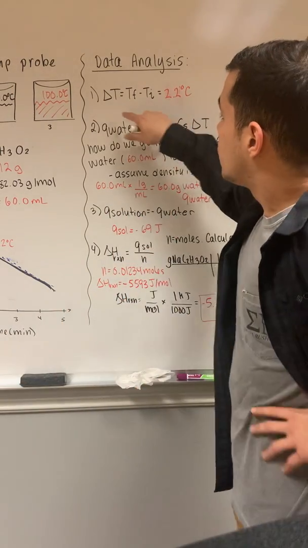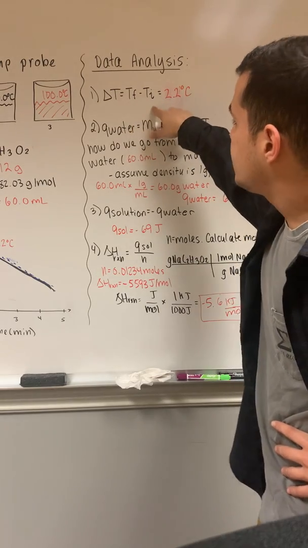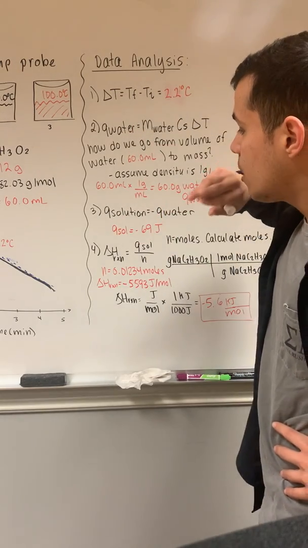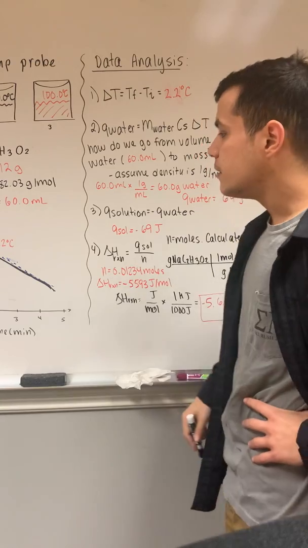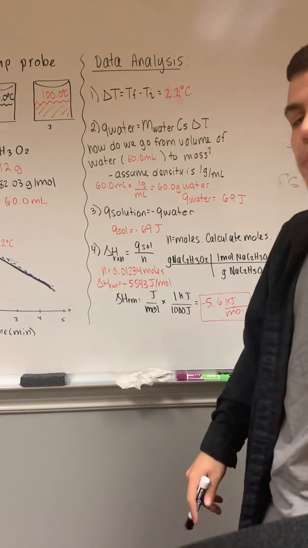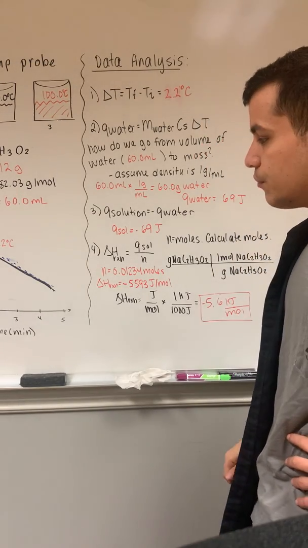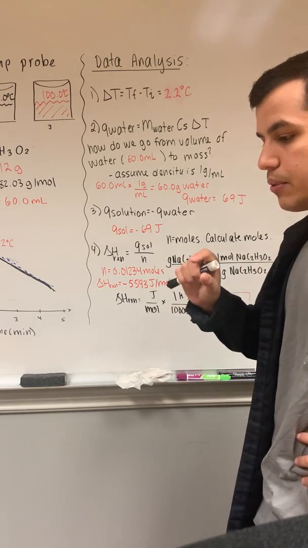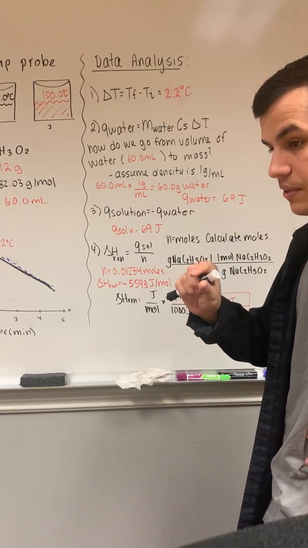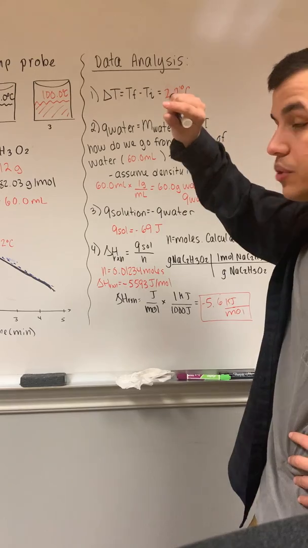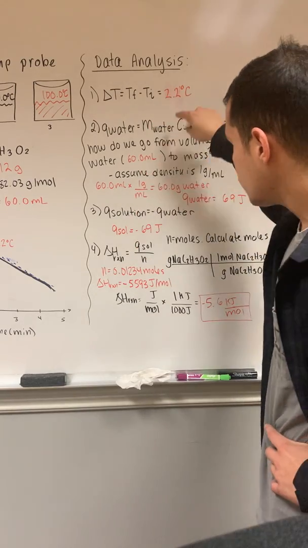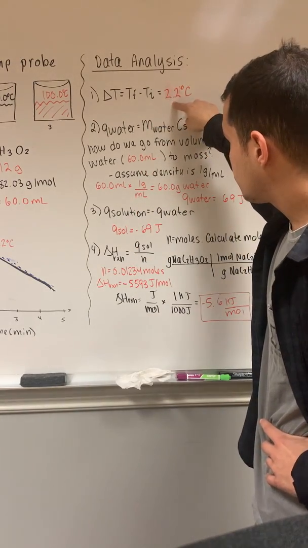So delta T is T final minus T initial, and I got that from my graph. My T final was 26.2, my T initial was 24.0, meaning that it went from room temperature, 24.0 degrees Celsius, and warmed up to 26.2 degrees Celsius. So that difference is 2.2.